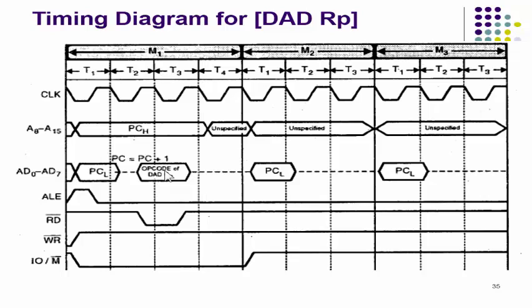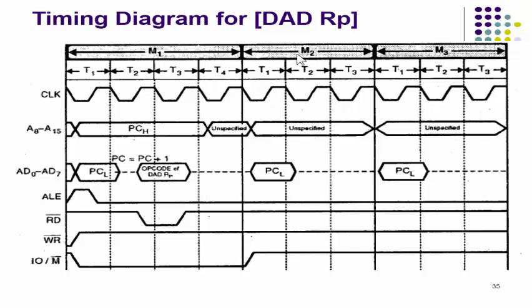In between T2 and T3, the opcode of DAD RP gets transferred from the memory IC to the instruction register of the 8085 microprocessor. Then after the opcode fetching, in the 4th T state, the processor decides whether to move towards the next instruction cycle or to move towards the idle machine cycle.